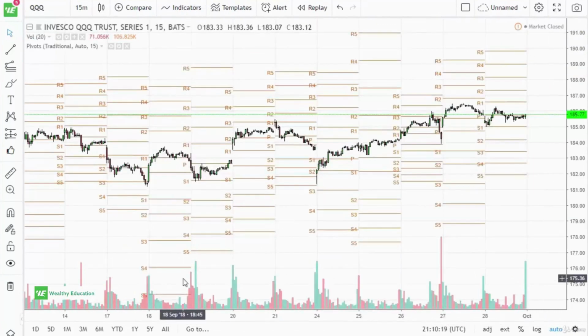And the thing about pivot points is I think they're somewhat reliable, but they should never be used by themselves. Now, they can be used much like a Fibonacci retracement or extension in the sense that they give you a suggestion as to where you should be looking.